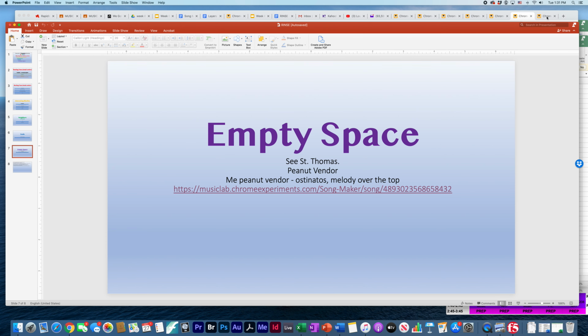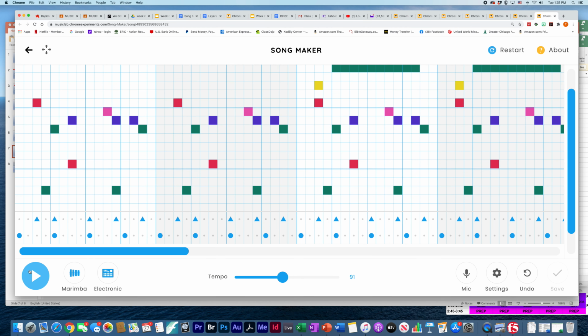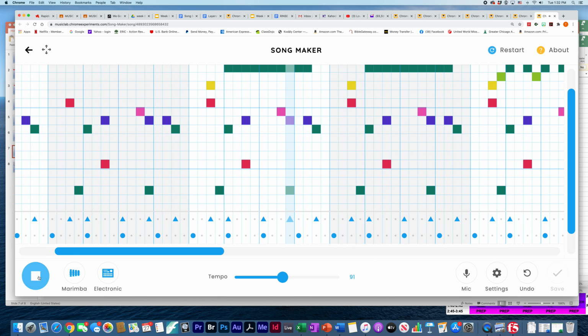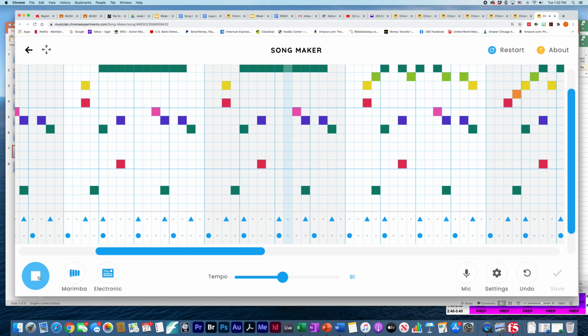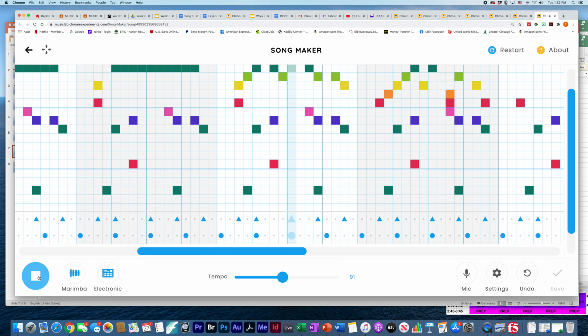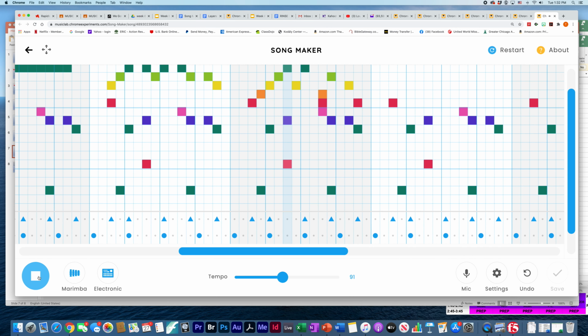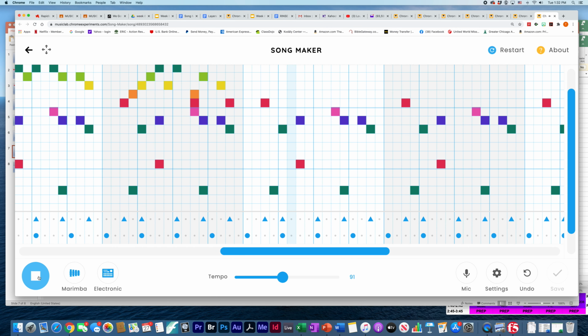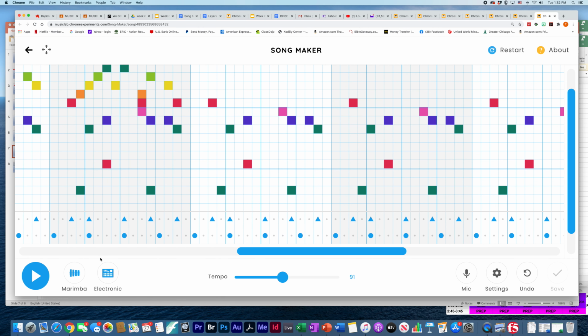Okay, so this is an example of, it starts with the ostinatos, and then when the melody begins, you'll hear how it uses empty space. Okay, so there's a lot of empty space there.